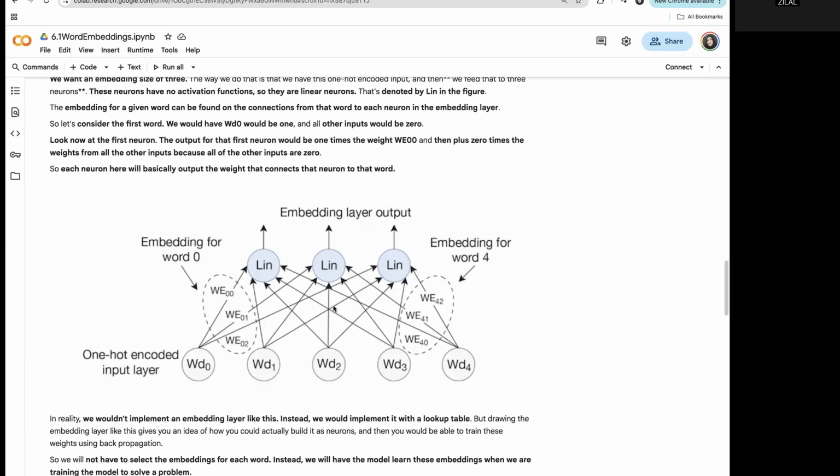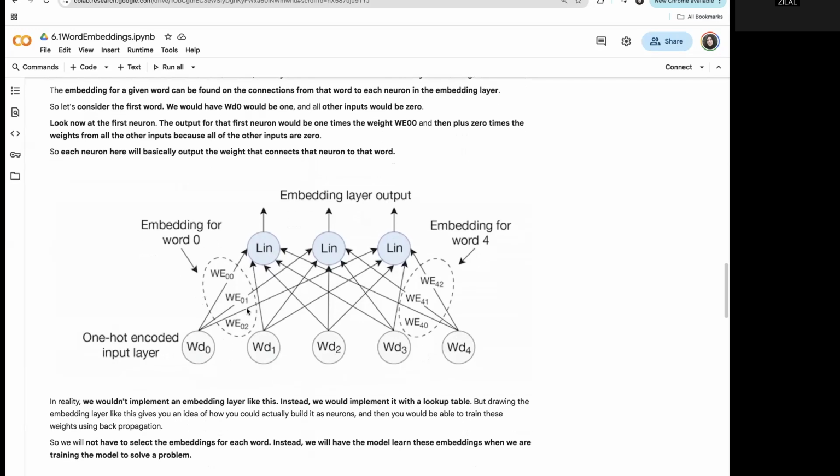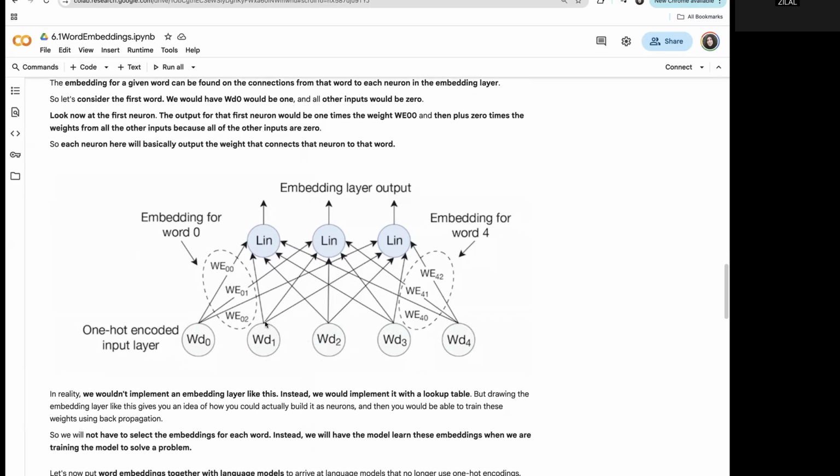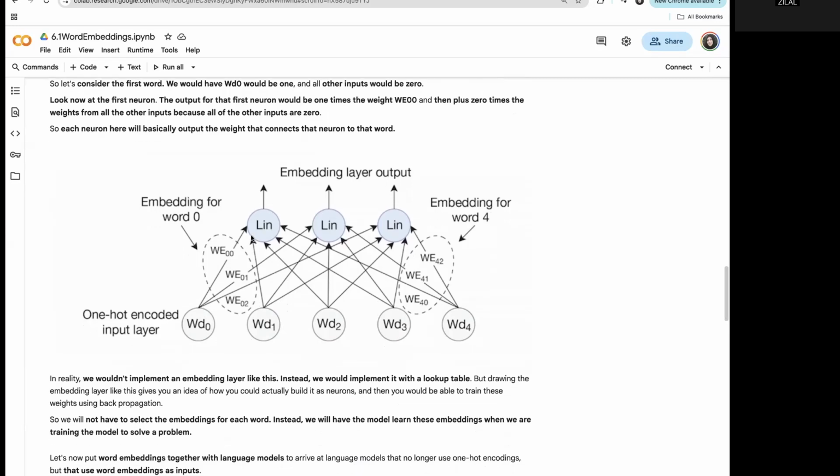The embedding for a given word can be found on the connections from the word to each neuron in the embedding layer. So let's consider the first word. The output for the first neuron would be 1 times the weight WE00 plus 0 times the weights from all other inputs, because all the other inputs are zeros. So each neuron here will basically output the weight that connects the word to this neuron.